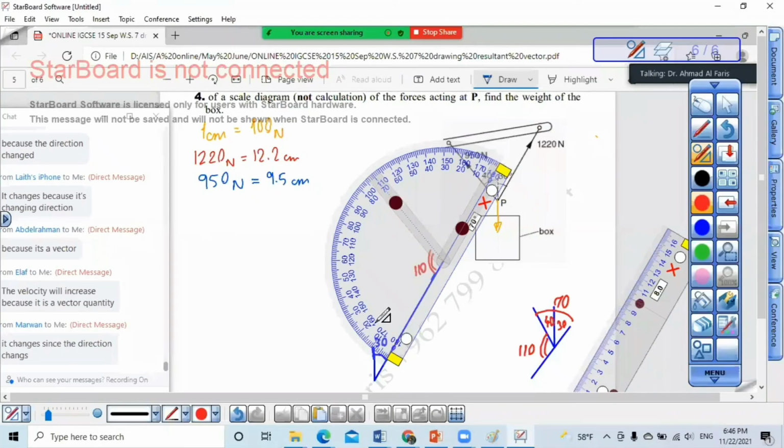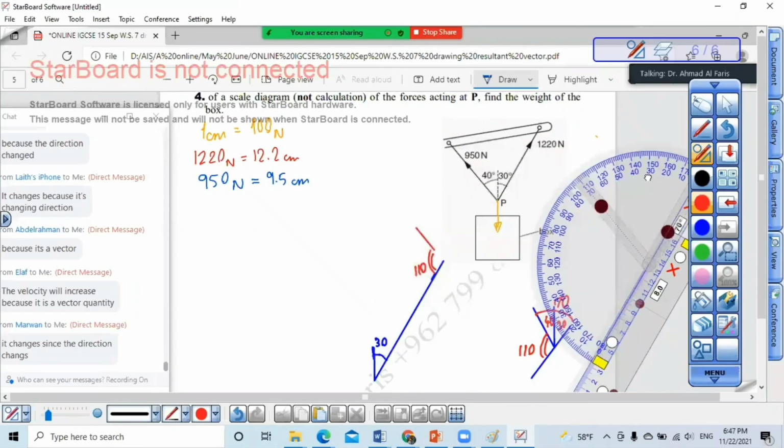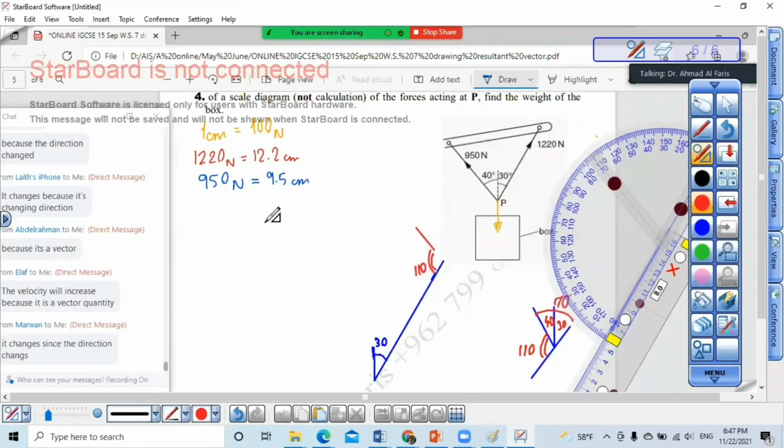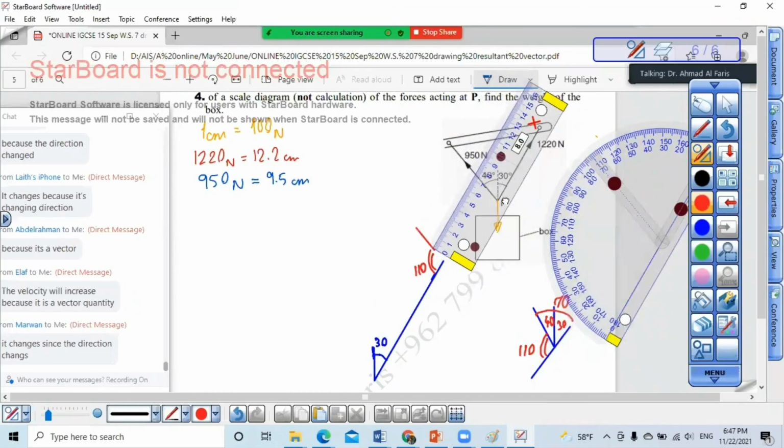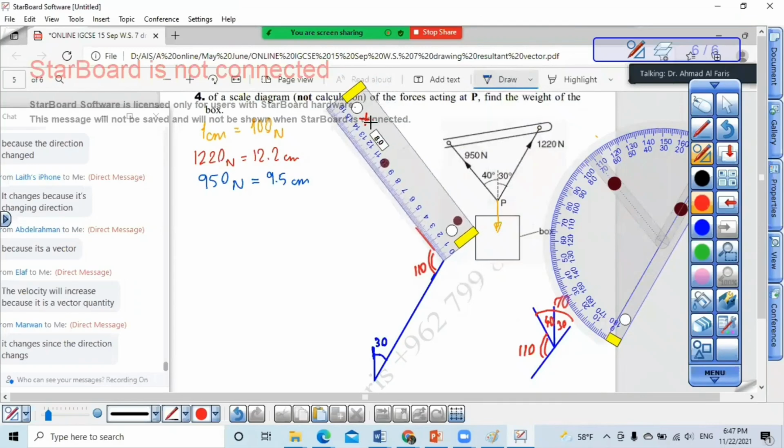So 0, 1, 2, 3, 4, 5, 6, 90, 100, 110. Then I will use my ruler to draw the other line, which is supposed to be 9.5 centimeter. So I put my ruler here and draw 9.5 centimeter.